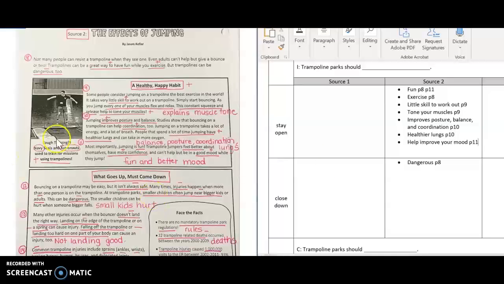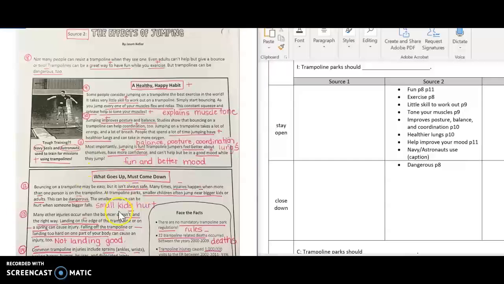The last thing that we learned was right here, just that fun fact that Navy SEALs and astronauts train for missions on trampolines. We could probably add that in there as a fun fact. Navy SEALs, astronauts use, and that was in the caption. I'll put that in parentheses so I remember.